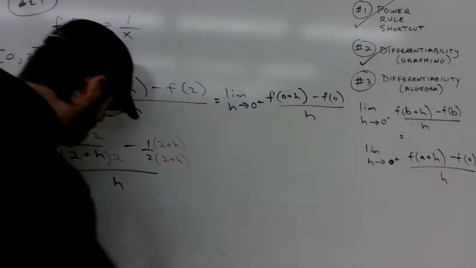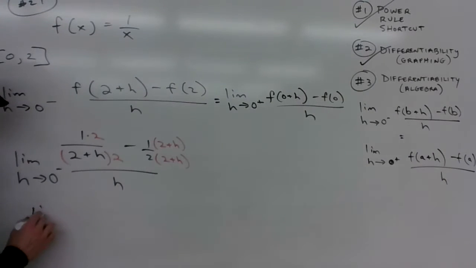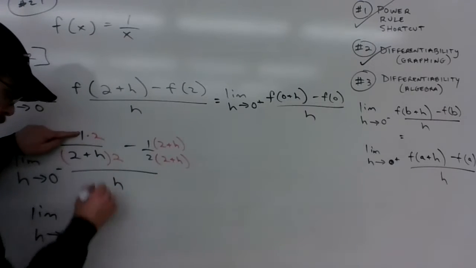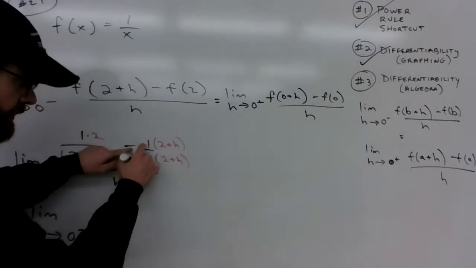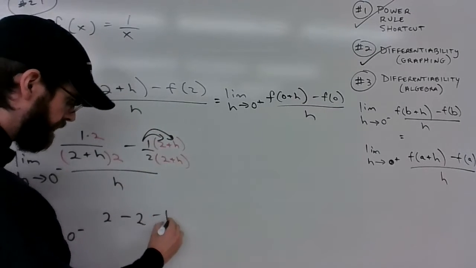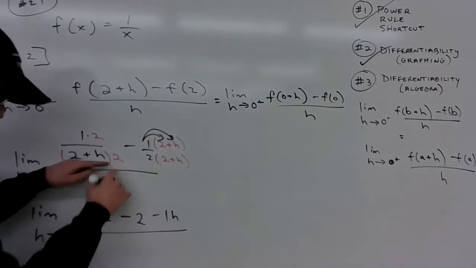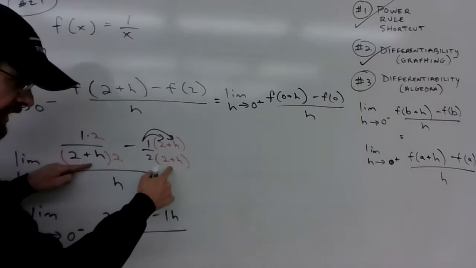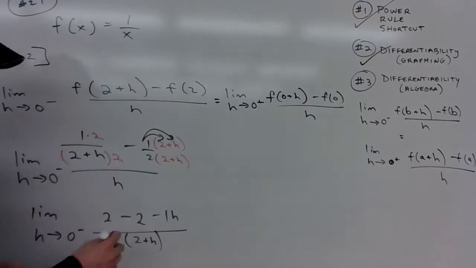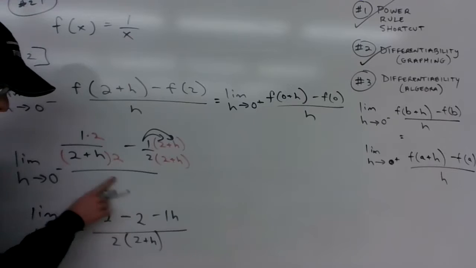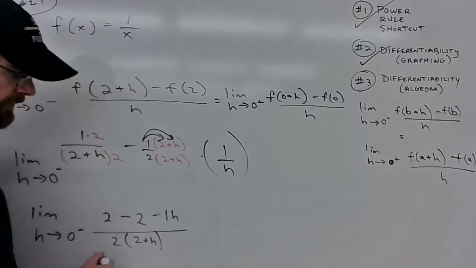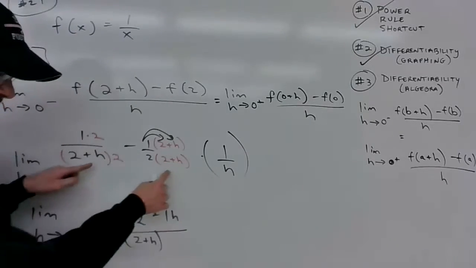So you're left with the limit as h approaches 0 from the left of 2 minus, distribute the minus 1, 2 minus 1h, all over 2 times 2 plus h, common denominators, and then we multiplied by 1 over h, okay? So we kind of said, don't divide by h, multiply by 1 over h. So it's sort of like the h got absorbed into the denominator here.